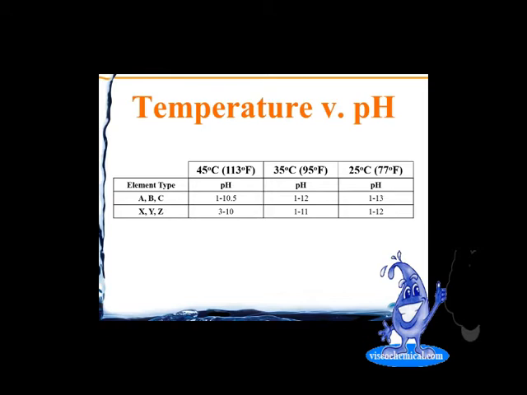The specification sheet for your membrane element may say that you can go to a temperature of 113 Fahrenheit, 45 C. And then somewhere else on the specification sheet, it says you can operate this RO unit at 1 to 12 pH, and you can clean it at 1 to 13. Well, that's on a specification sheet. That's not what you're supposed to do at the same time. You don't go to the highest temperature and the highest pH. That's quite aggressive.